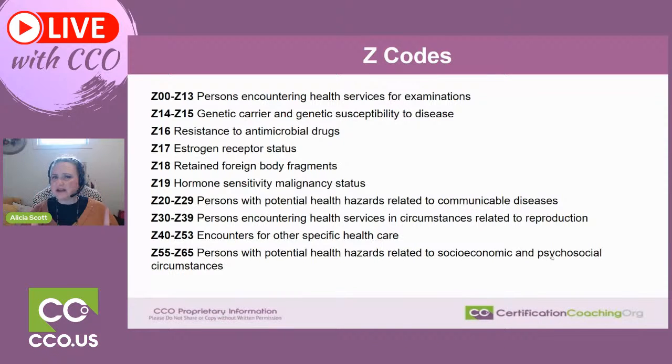Now, good time to bring up what I'm always saying, and I know you might get tired of me saying this, but it's the truth. Don't forget, we code for statistical purposes. It happens to be a convenient way to get paid. How do we know the number of women that get breast cancer that are estrogen positive versus estrogen negative for this Z code?